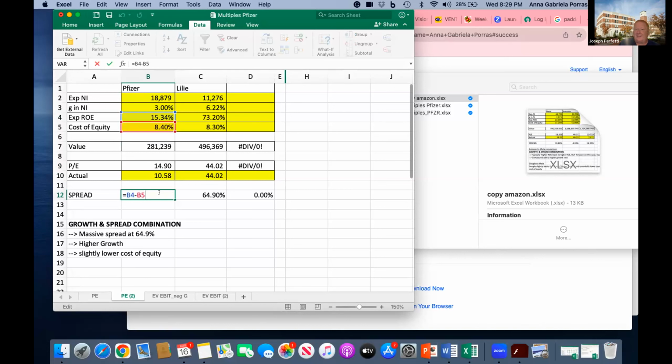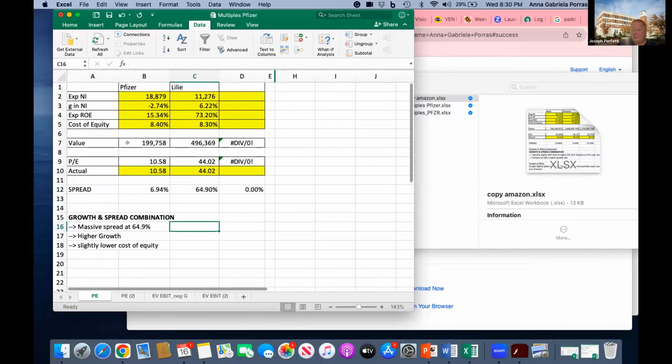Meaning, given the pharmaceutical industry averages 20% ROICs as a group, and they've been doing that for a while, do you think that Pfizer's spread is going to go way down over time? Maybe not. So in this case, the negative G actually might make more sense in explaining what's happening to Pfizer.